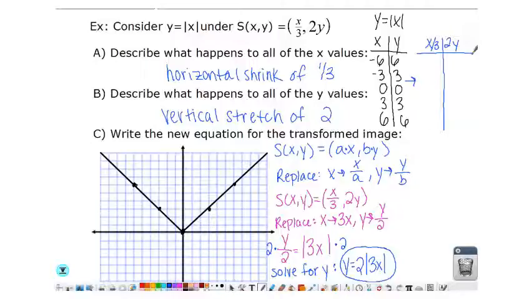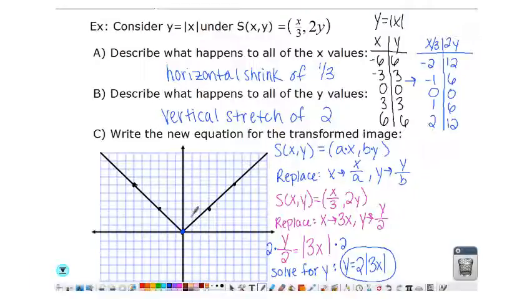So if I do -6 divided by 3, I get -2. -3 divided by 3 is -1. 0 divided by 3, 0. 3 divided by 3, 1. And then 2, 6 divided by 3. And then we multiply their corresponding y values by 2. So we get 12, 6, 0, 6, and 12. So now we're just going to plot our new points. So we have 0, 0, and then the point 1, 6.